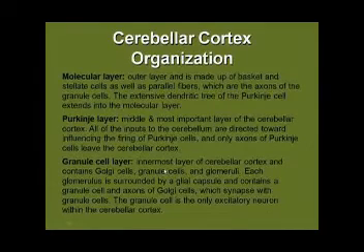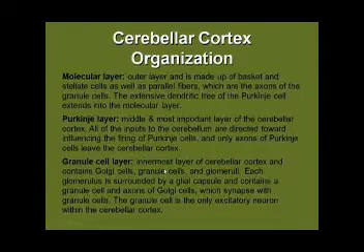Next slide illustrates the cellular organization of the entire cerebellar cortex. Cerebellar cortex is organized into three layers. The outer layer of the cerebellar cortex is largely acellular, populated mainly by parallel fibers, which are axons of granule cells, and it's known as the molecular layer.